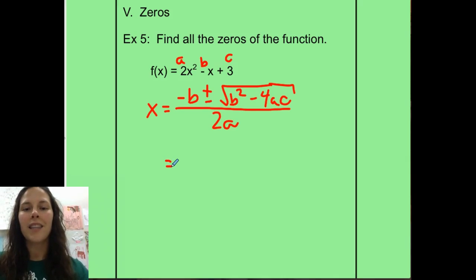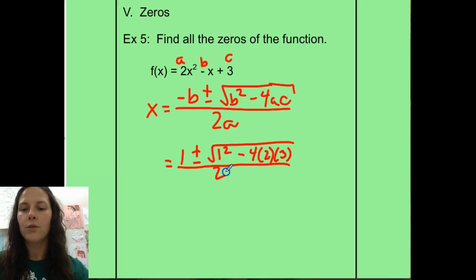Subbing in those values, the opposite of b is 1, plus or minus the square root of 1 squared minus 4 times 2 times 3 all over 2 times 2.